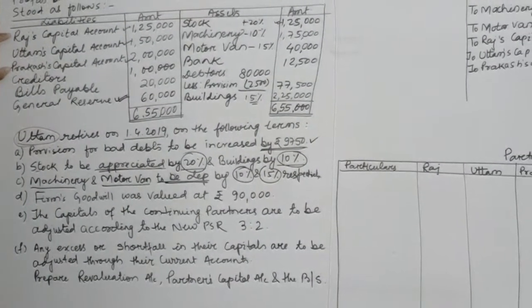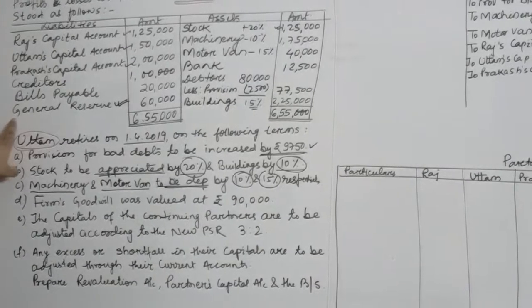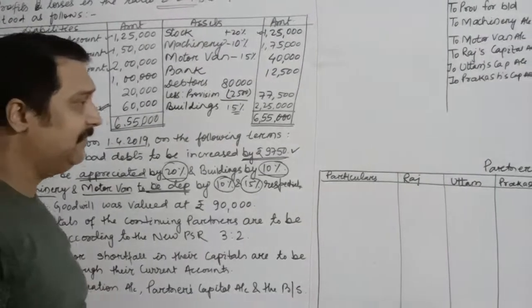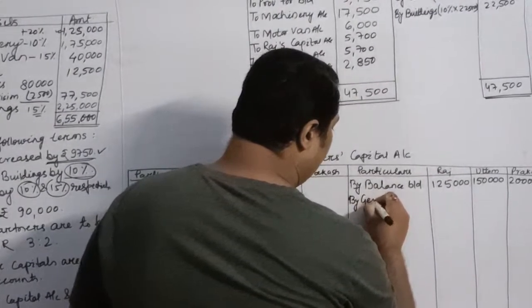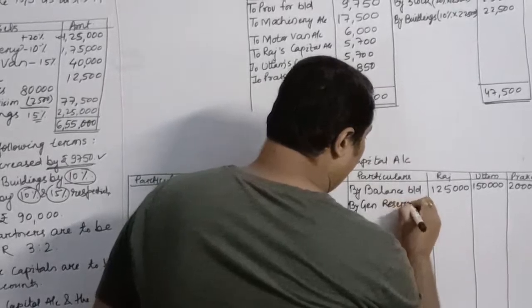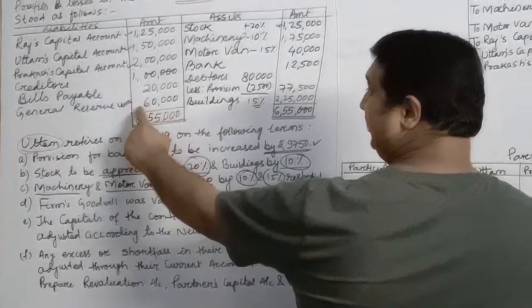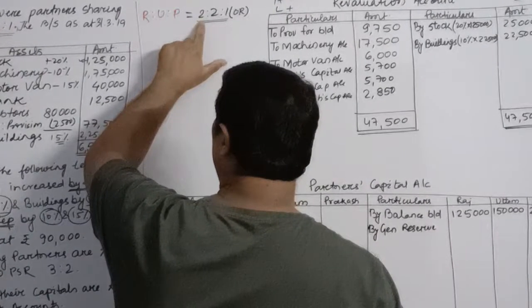After writing the capital account, we have the creditors, bills payable and general reserve. General reserve will be distributed because we do not have any other adjustment related to this. So we will write by general reserve. The amount in the balance sheet is rupees 60,000, which we have to distribute in the old ratio 2:2:1.